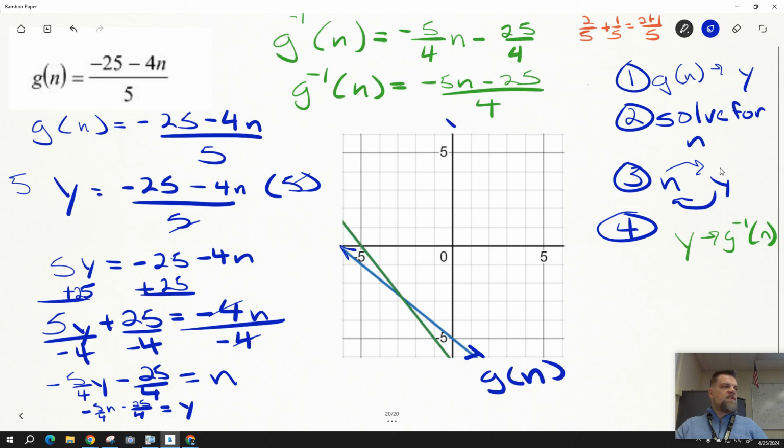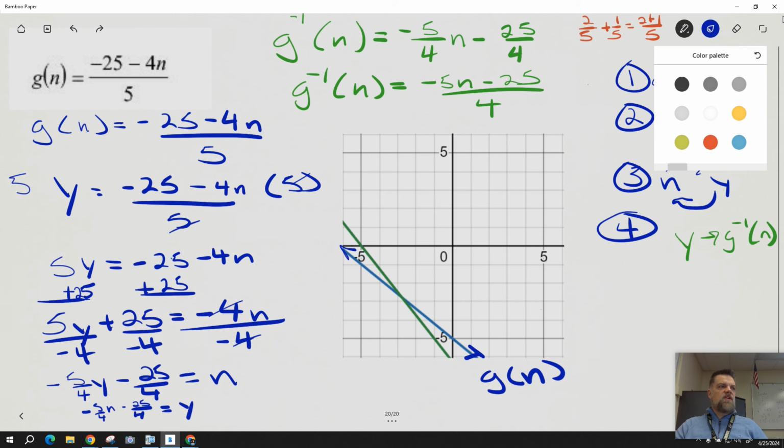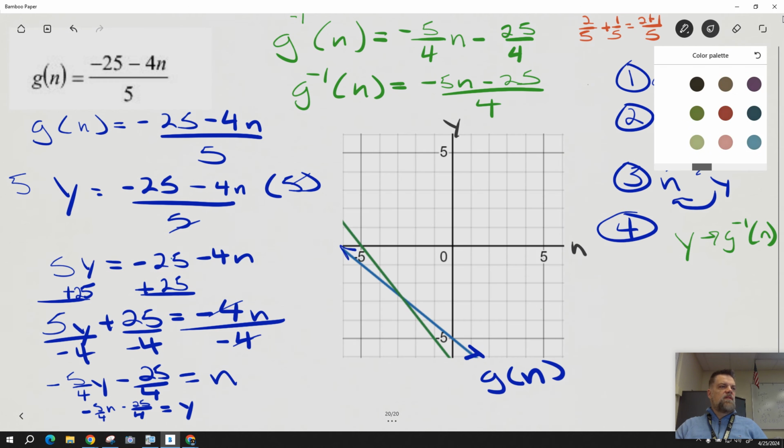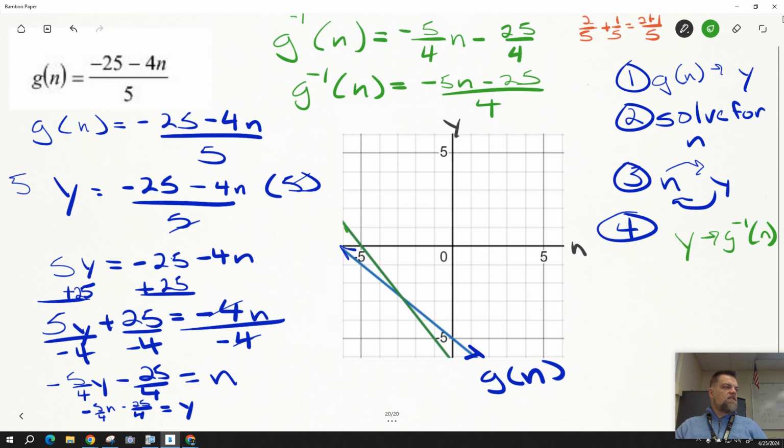And you could think of this as like the y-axis and think of this as the n-axis. That's not how it is on the multiple choice, but for those of you playing along at home, this is like y and this is like n. And then this extends forever in both directions, and that's g inverse of n. Okay.